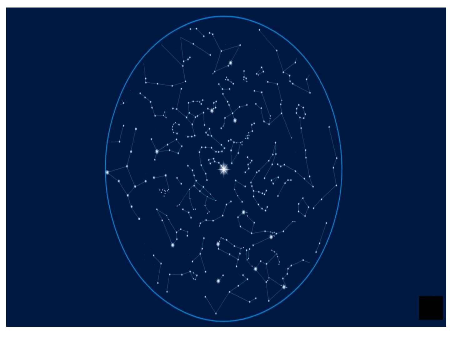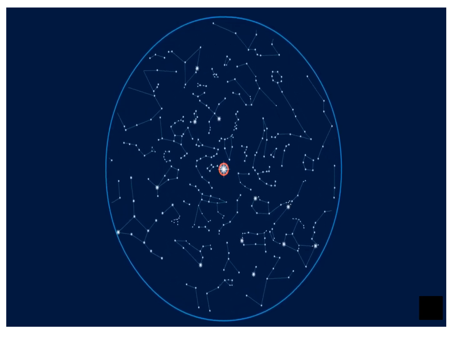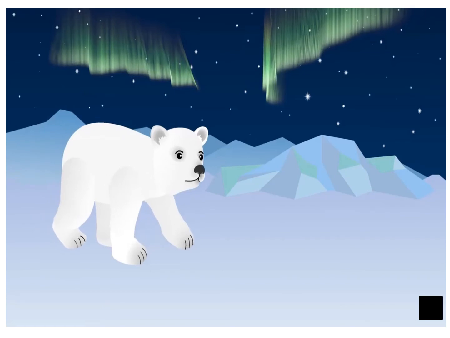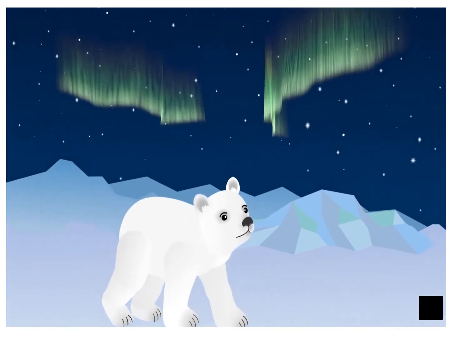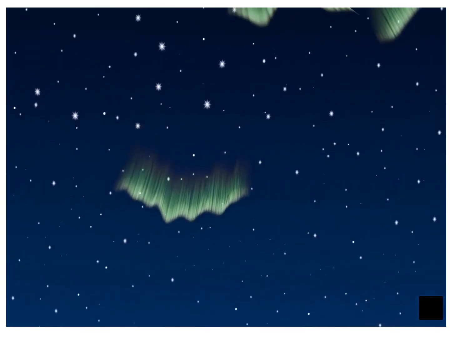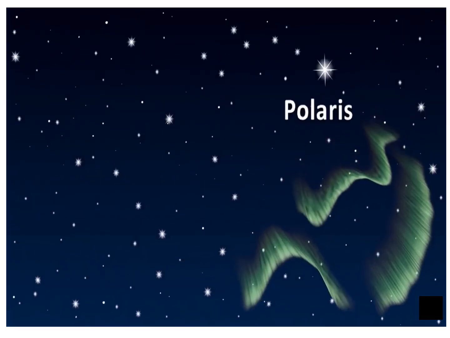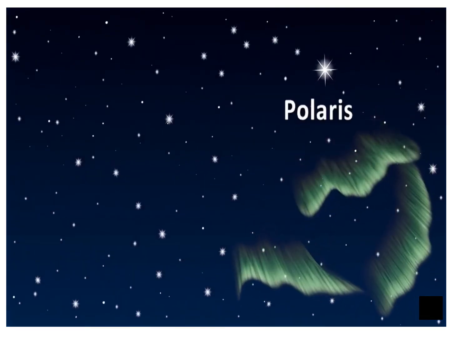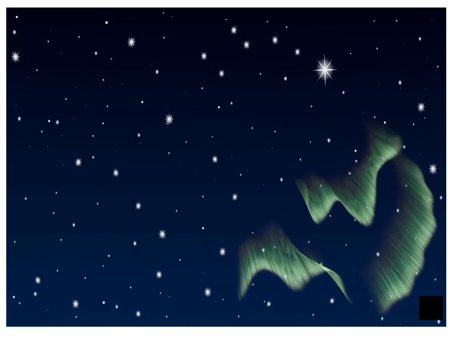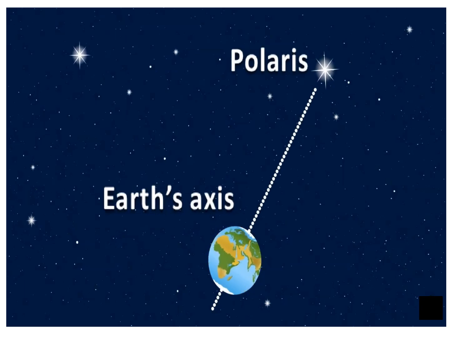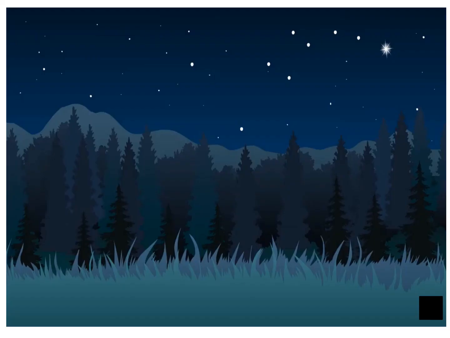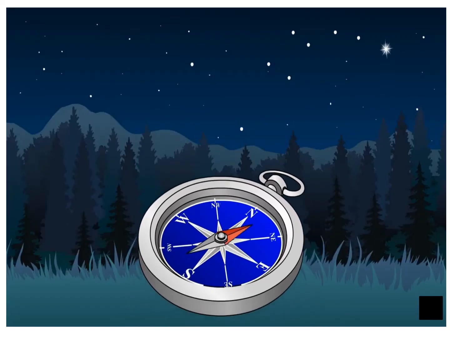Only one star remains in its place all the time. This is the Polaris, or North Star. It is located directly above the North Pole. Earth's axis points directly toward the Polaris. Therefore, the Polaris indicates the direction due north.